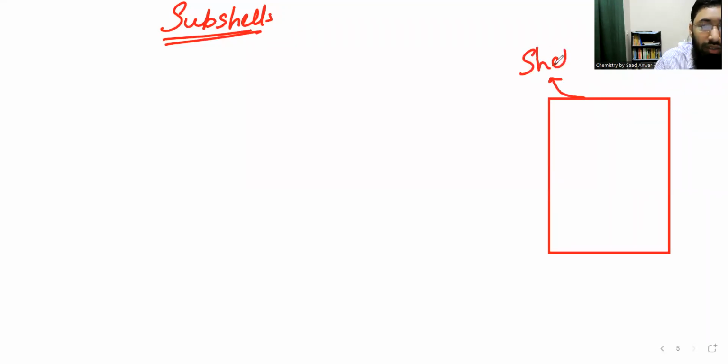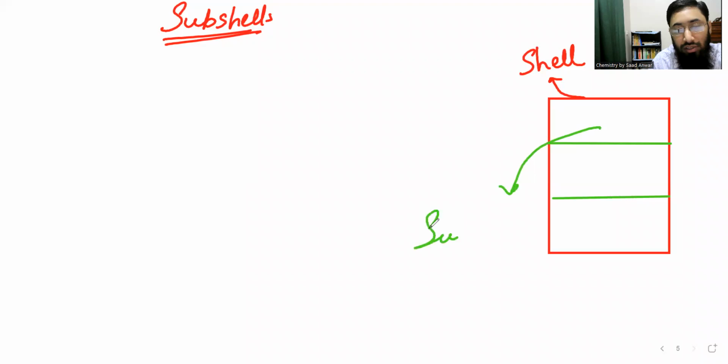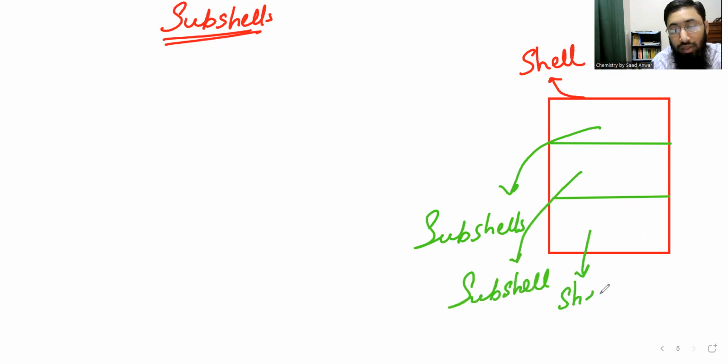This cupboard has small portions like this, like this, like this. Consider these small portions subshells. This is a subshell, this is again a subshell. It means you can say that subshells are a part of a shell.